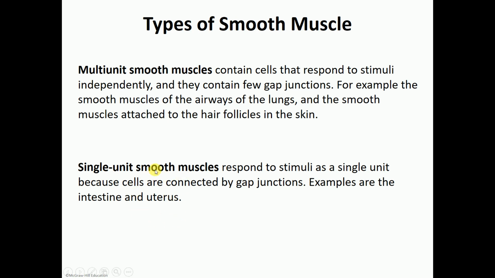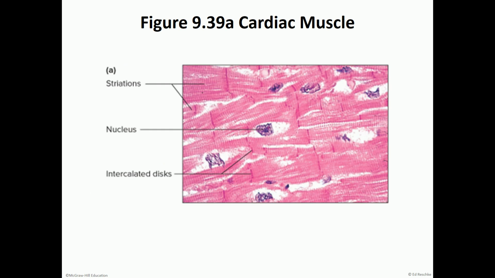Same thing with the uterus. We have to make sure that the uterus contracts in sync together in order to deliver the baby. So you'll find that these single unit smooth muscles act like a single unit where they all contract in sync together.